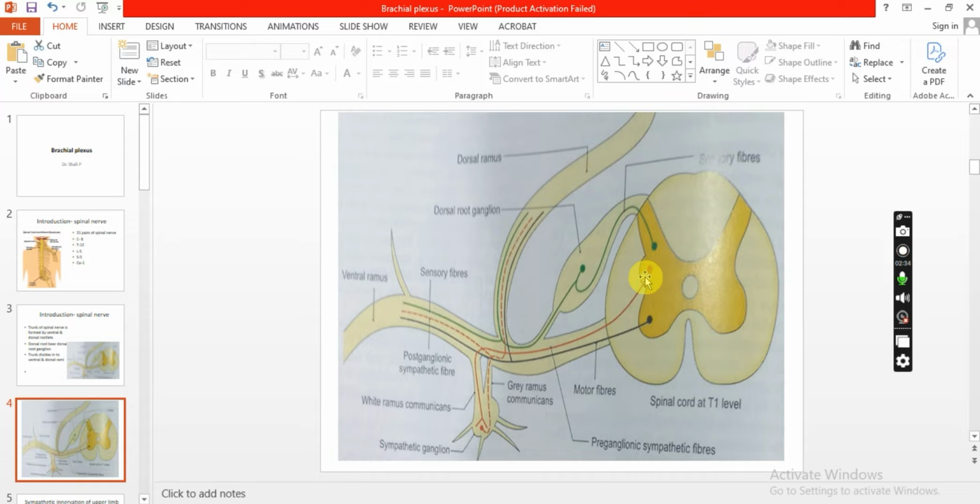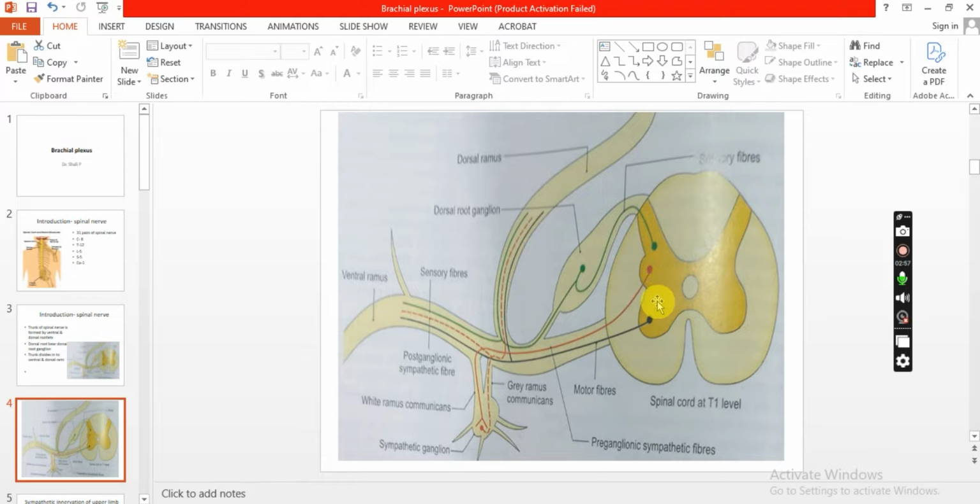Now you are seeing another small eruption here. This is the lateral horn. This lateral horn is seen only in the thoracic and upper lumbar region. Nowhere else in the spinal cord can you see this bump. But there is another one down in the sacral region, S2, S3, S4, where again you may see this kind of lateral horn.